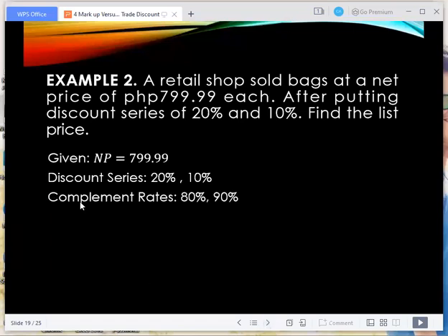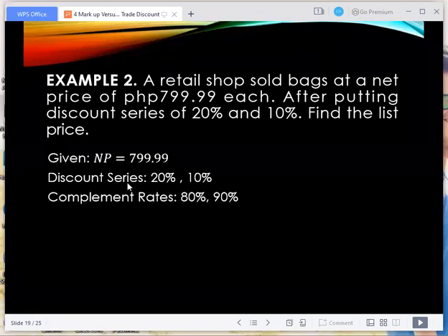So again, you need to calculate first for the complement rates. So the complement rate of 20 is 80. The complement rate of 10% is 90%. Or in decimal, that is 0.8 and 0.9. Again, how did we solve for the complement rates?